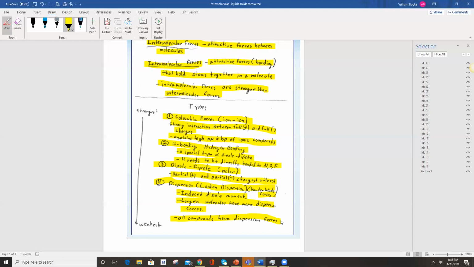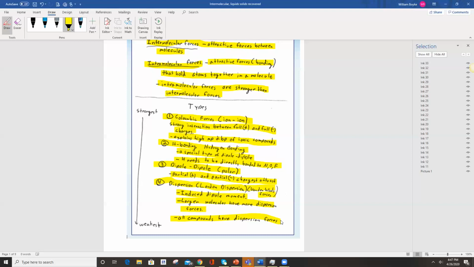So what can happen is, just based upon the random nature of the electrons, there may be one specific small snapshot in time where they're not completely evenly distributed. If they're not completely evenly distributed, well, then you're still going to get the smallest amount of partial positive and partial negative charge buildup. Much, much smaller than we saw in dipole-dipole, and not permanent.